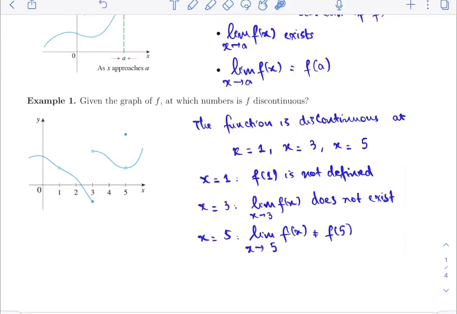There's another way to ask the question. That is, can you list the intervals on which the function is continuous? So by looking at the graph, we can identify those intervals.